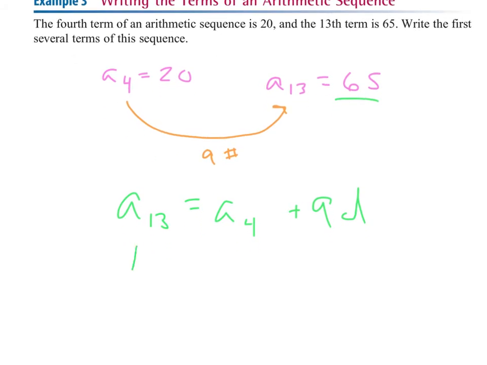So you always want to start with the larger number. We put a plus because from a sub 4 to a sub 13, our numbers are getting bigger, so we're adding our common difference. And then 9 is the spaces.